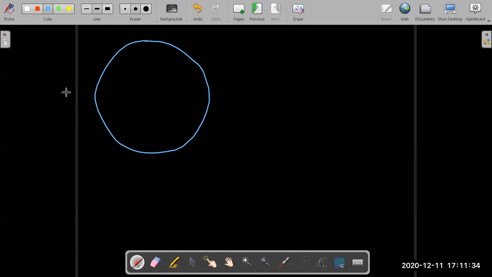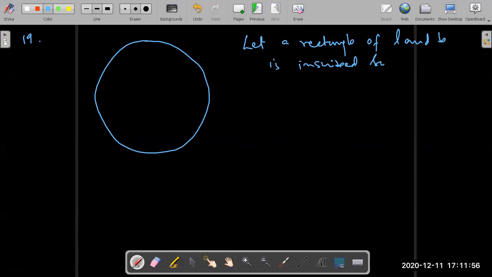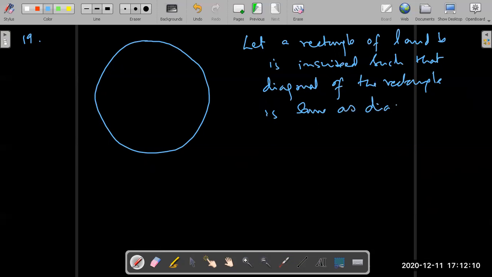Question number 19. So let a rectangle of sides L and B be inscribed such that the diagonal of the rectangle is the same as the diameter of the circle.